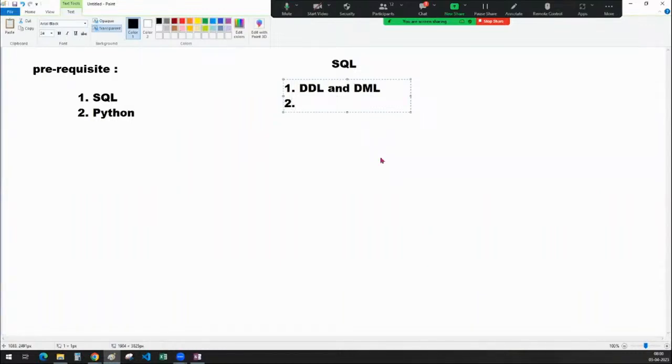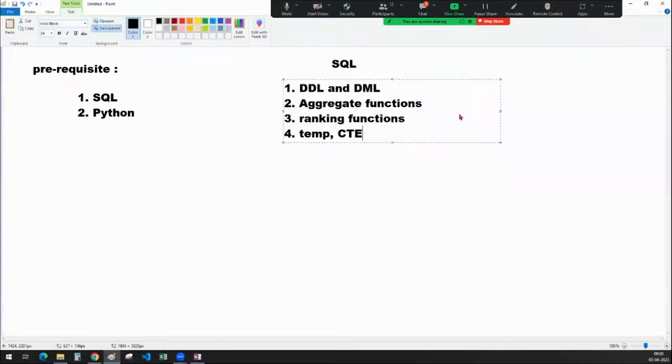After that I would expect you to learn about aggregate functions, and one more thing is ranking functions. The fourth thing is the temp table and common table expressions.